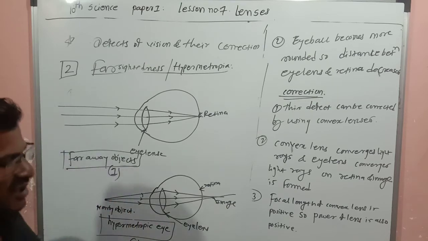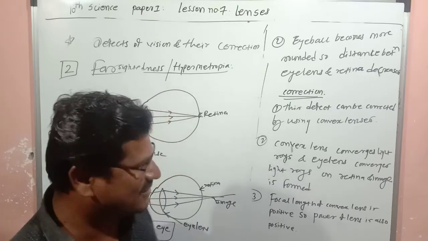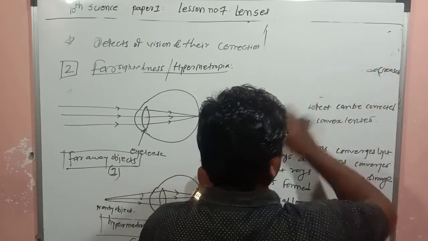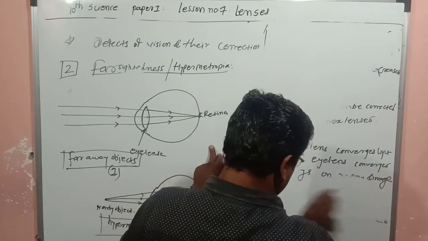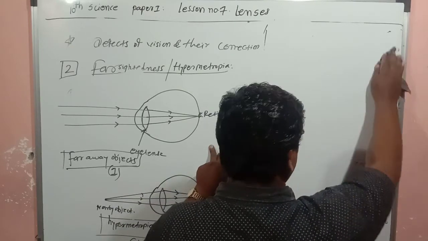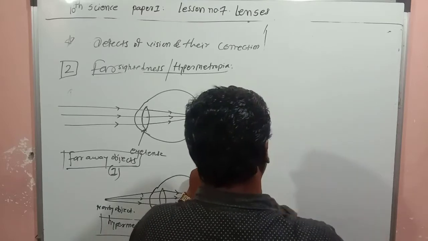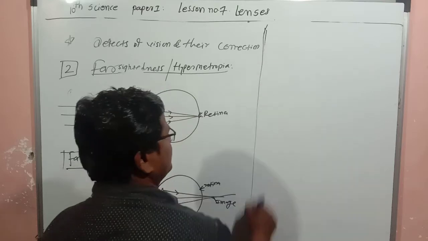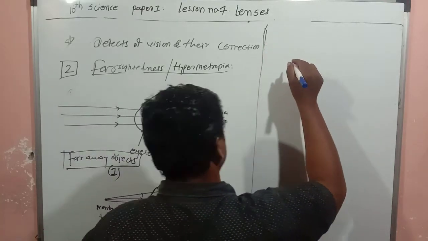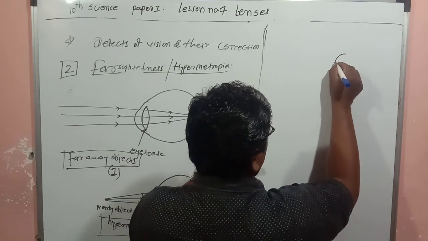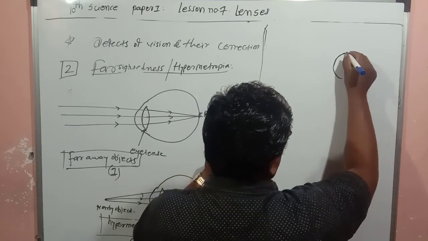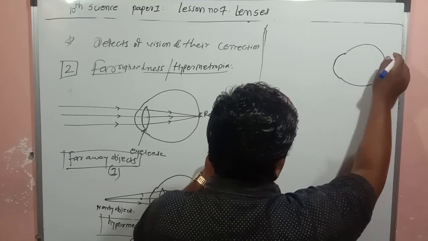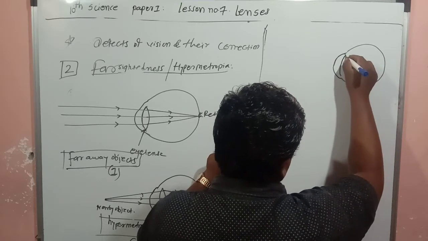This defect can be corrected by using a convex lens of appropriate focal length. So I will draw the third diagram here. But while drawing diagrams, you have to use a scale, pencil, and compass. Suppose here will be the cornea, retina, and here the eye lens.